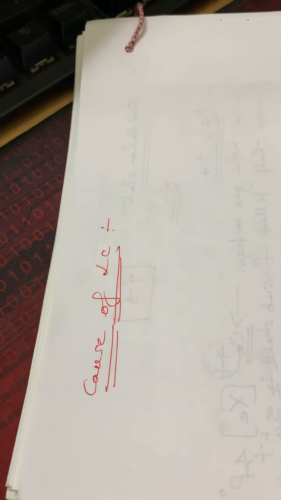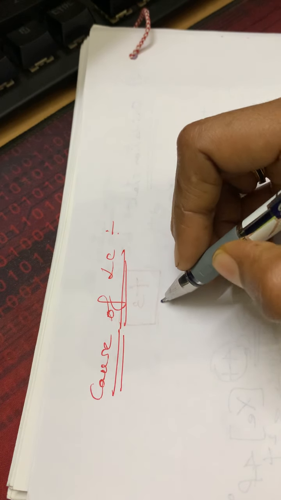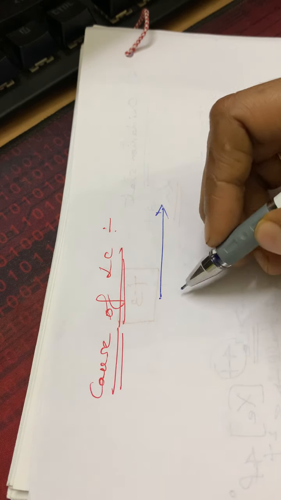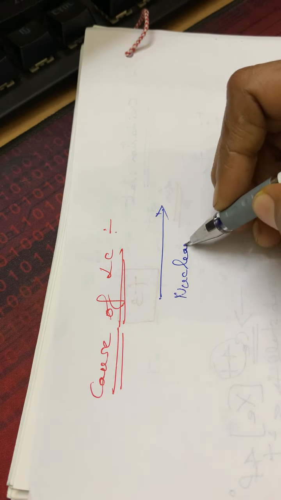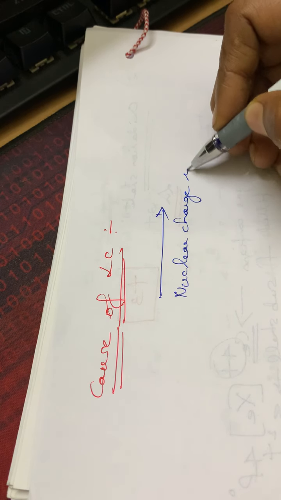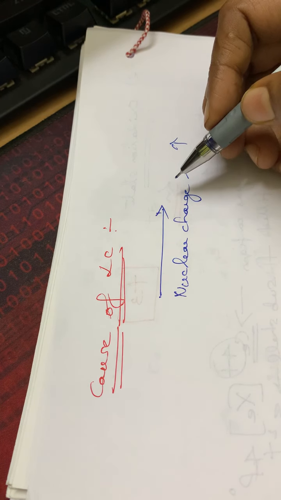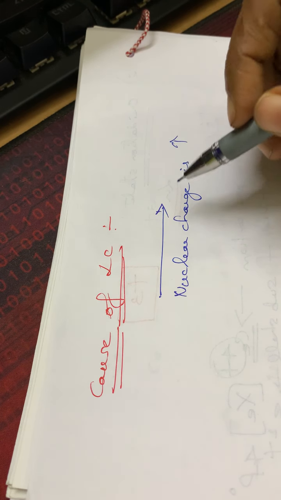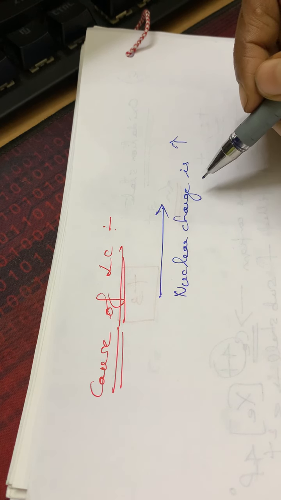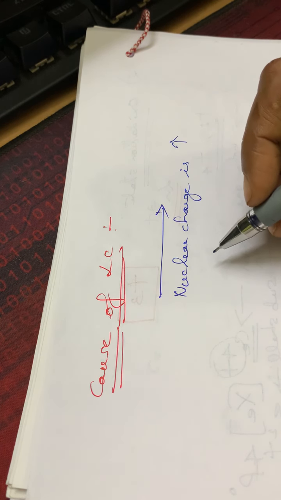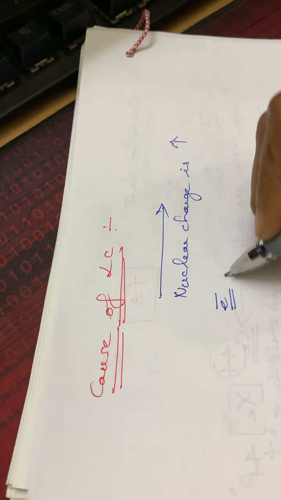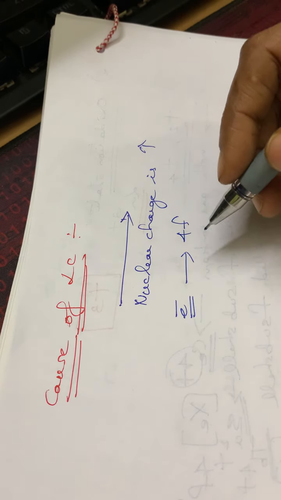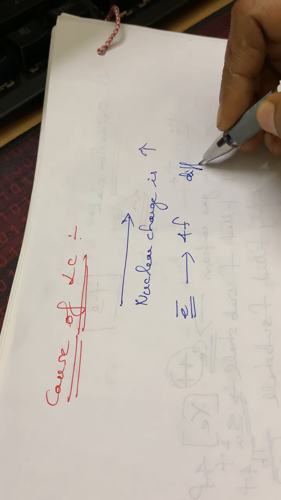So the cause of lanthanide contraction: as we move along a period, the nuclear charge is increasing, isn't it? That means addition of protons, one proton successively along this period. And while the electron is added, it is entering into the 4f orbital, and the shape of the 4f orbital is very much diffused.